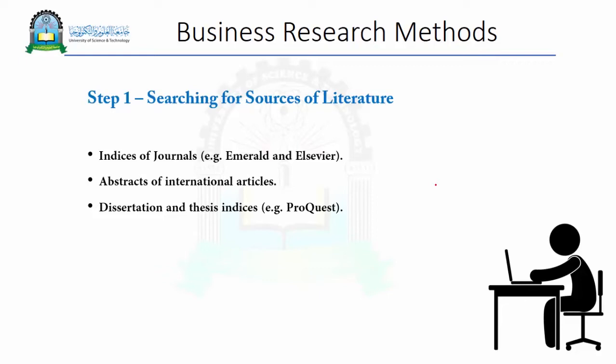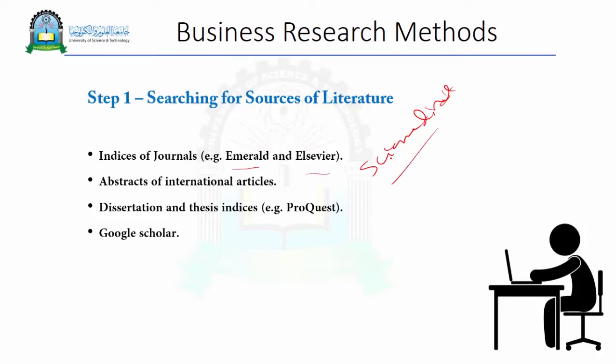A lot of sources for literature review the researcher can follow. Google Scholar, for example, or a lot of research indices. The indices of journals like Emerald, Elsevier, and Science Direct also is one of the best indices.